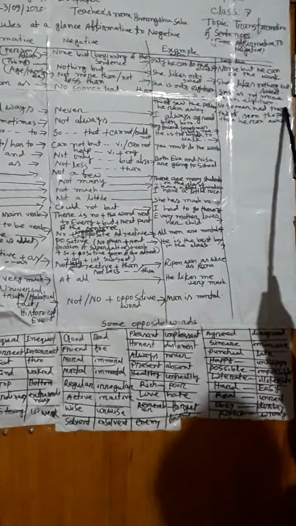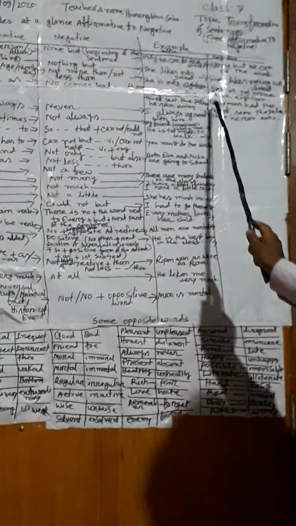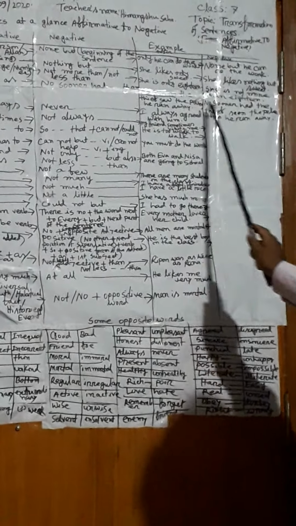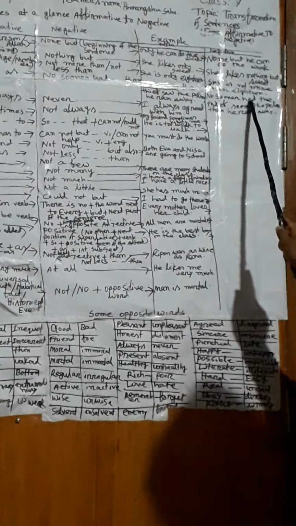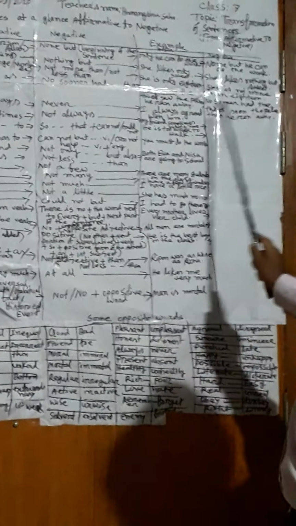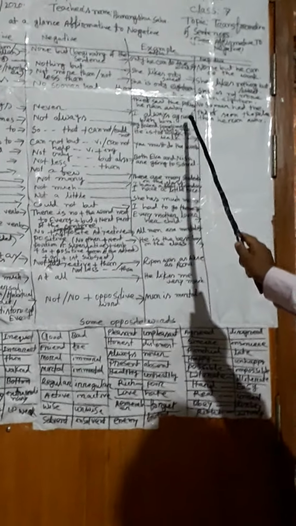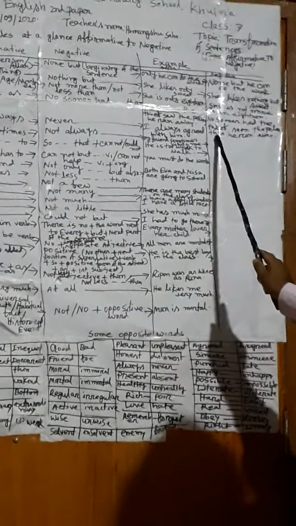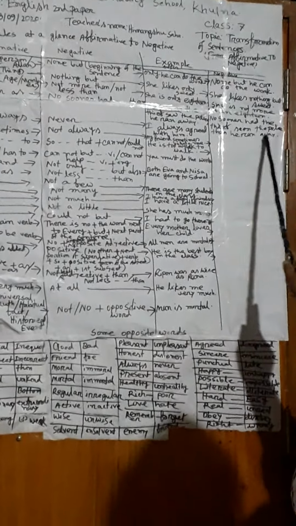No sooner had the thief, you have to use seen instead of saw, because this sentence represents past perfect tense. Seen the police, you have to omit the comma and then use the next part of the sentence, and the answer will be "No sooner had the thief seen the police than he ran away."